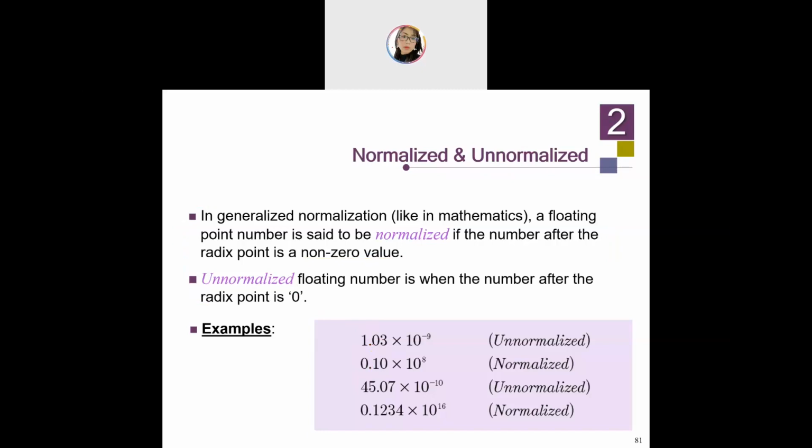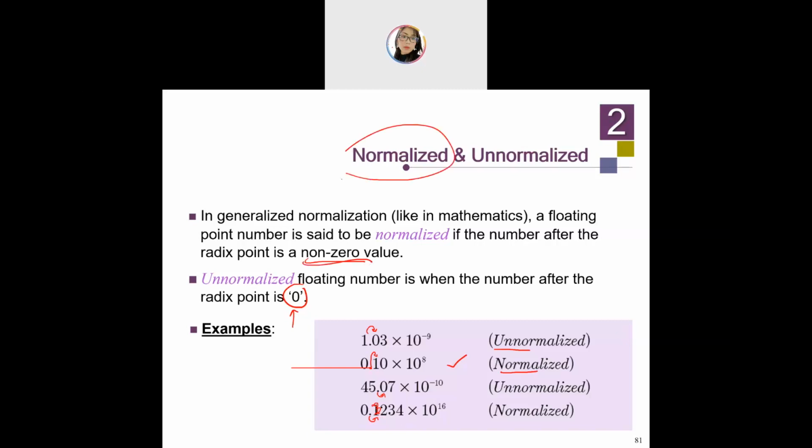You can see here, it is unnormalized. Why? Because after the radix point, it is 0. This one is normalized because after the radix point, it is 1, which is non-zero. It can be 2, 3, 4, 5, 6, 7, and it will be normalized because it is non-zero.